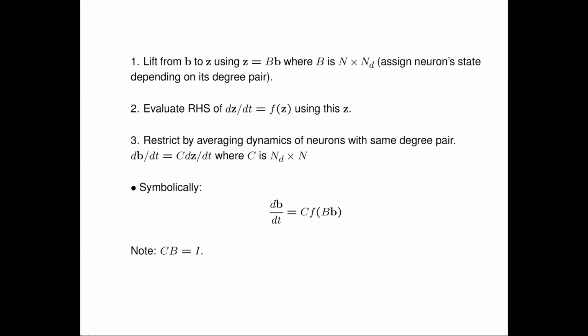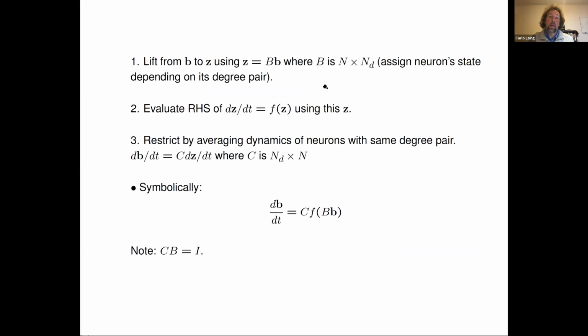The vector has nd components, one for each degree pair, and for each neuron it looks up the index of your degree pair and assigns that value to Z. And then A is obviously the connectivity, and C is the restricting.